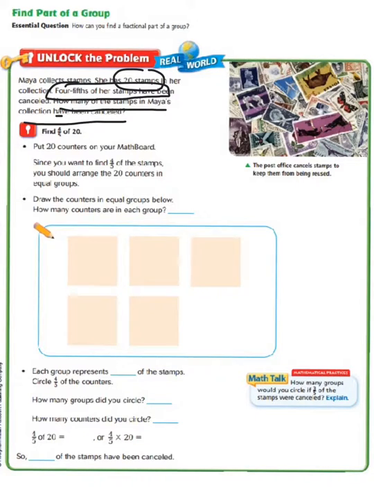So let's take a look at the first thing that it's asking. It's asking us to find 4/5 of 20. So we put 20 counters on our math board.